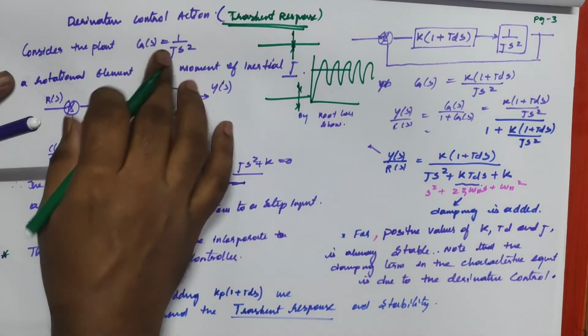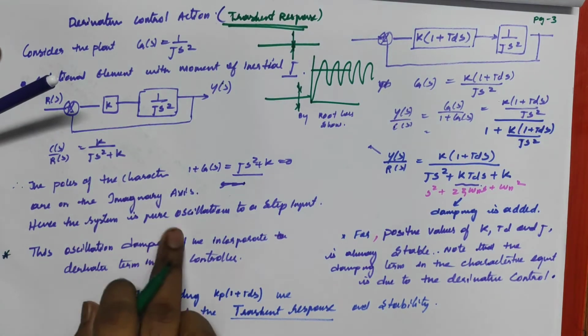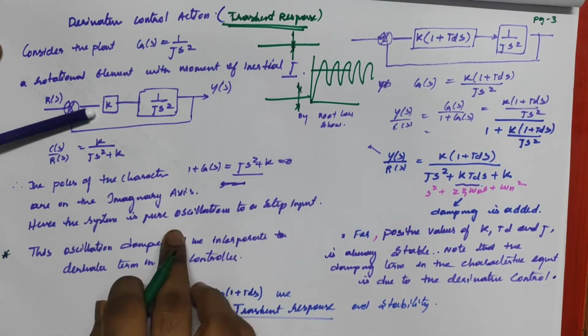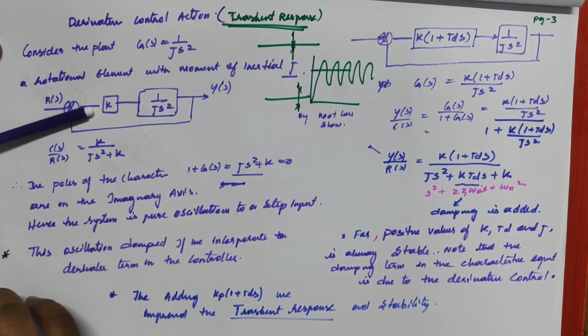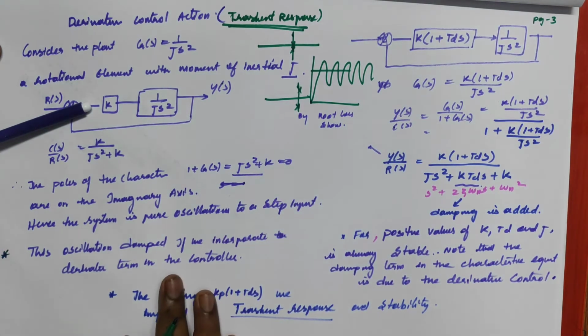That means for this system, if I have only the proportional term, I have only imaginary poles. For the step input, I am having poor oscillations, which is not improving the stability or the transient response.